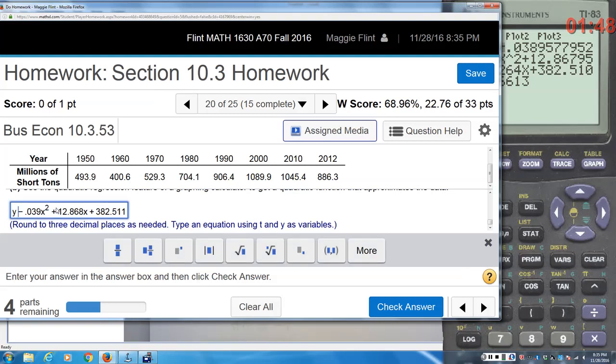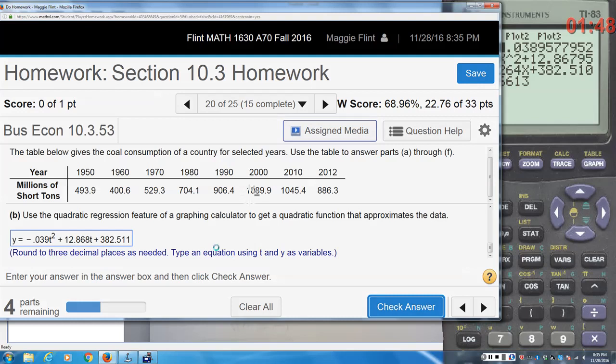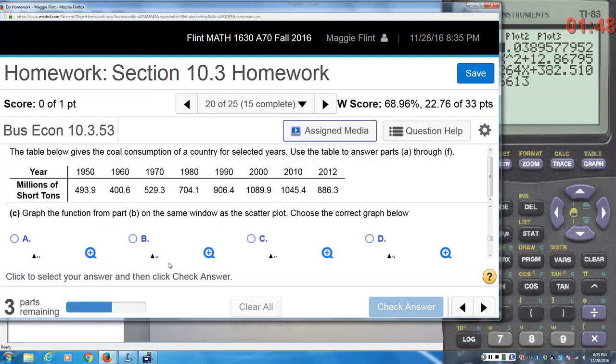So that will be y equals, and these would all be t's. Now we'll check. Okay, it was happy with that.